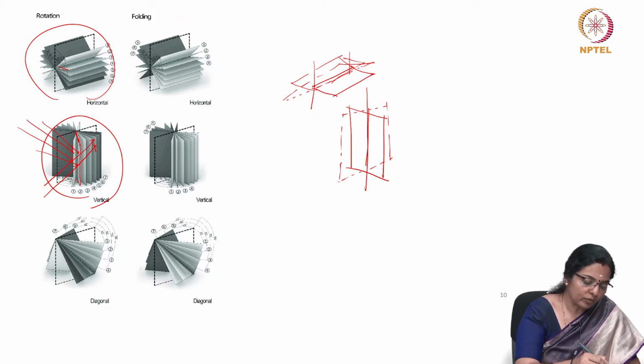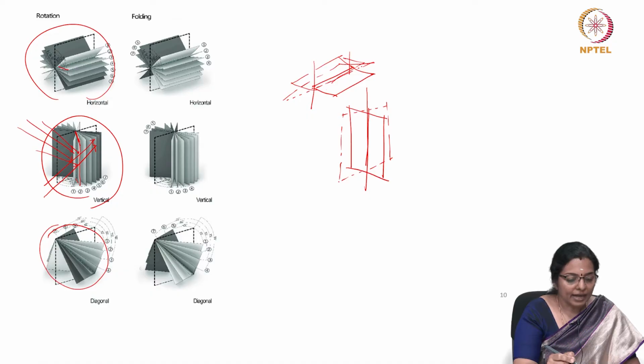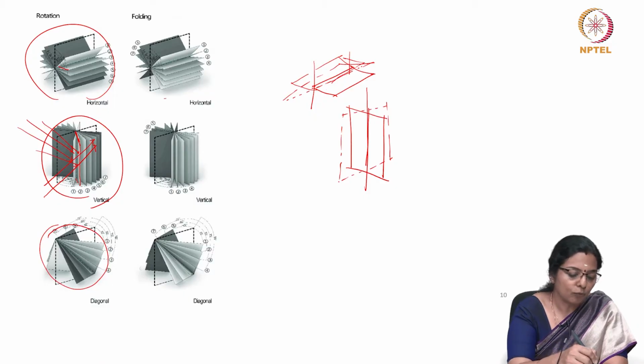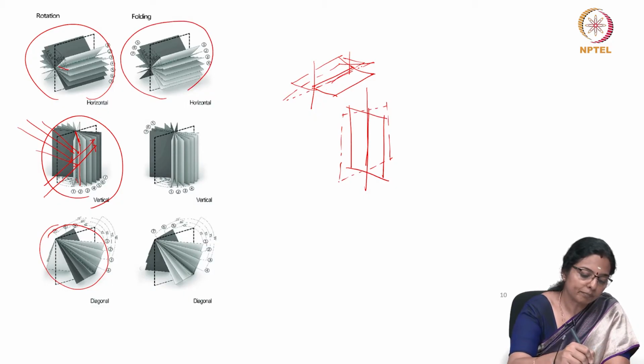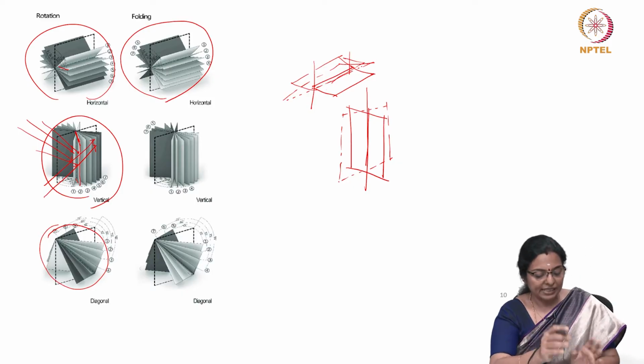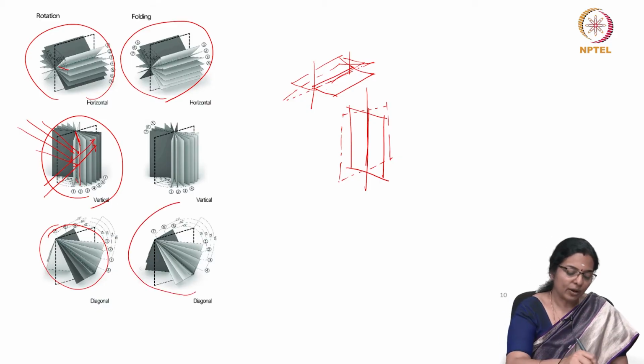Or it can move even diagonally, through rotation, or you can have folding types, horizontal folding or vertical folding, where it folds itself and shrinks itself, and you have diagonal.